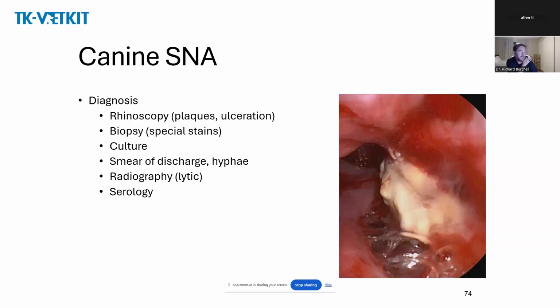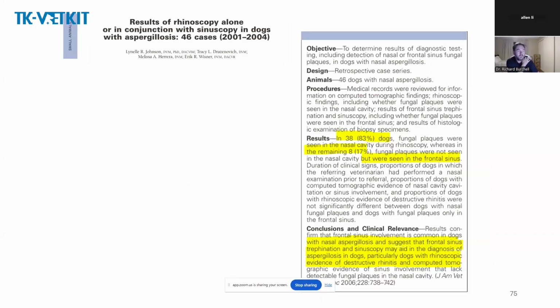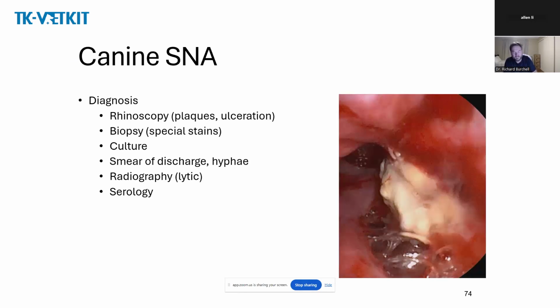This was a study that showed that in about 17% of cases, the fungus was only identified in the frontal sinus. In this study, they looked at 46 dogs that had nasal aspergillosis, and in 83% of those dogs, they found plaques in the nasal cavity, like in this image.